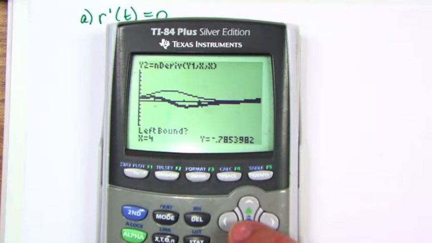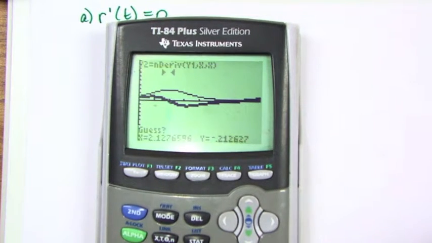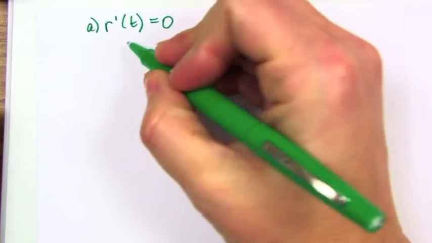And you'll need to make sure that you're on the right curve whenever you're asking it to find the 0 for you. And what you find is that is when t is equal to 2.